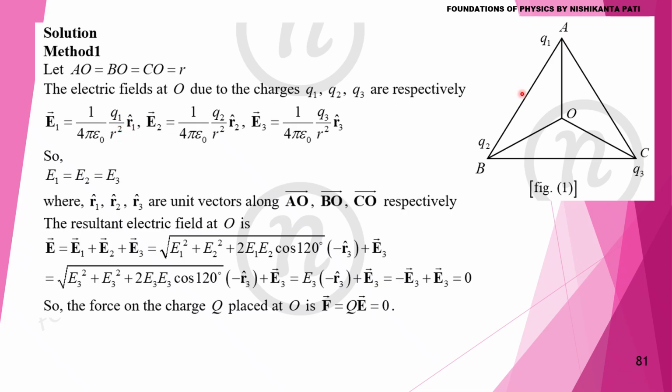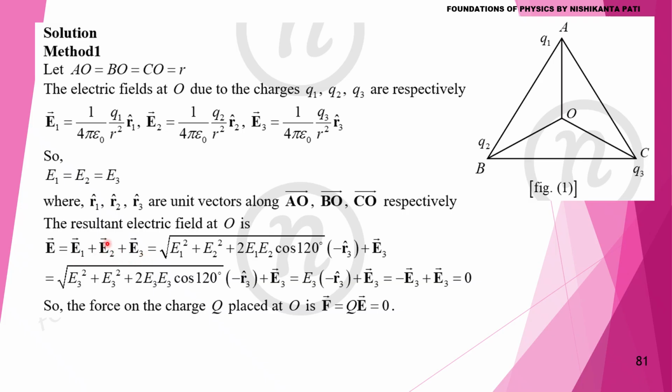R1 cap is the unit vector along AO vector, R2 cap unit vector along BO vector, R3 cap unit vector along CO vector. Clearly E1 equals E2 equals E3 because it is given Q1 equals Q2 equals Q3. The resultant electric field at O is E1 vector plus E2 vector plus E3 vector.